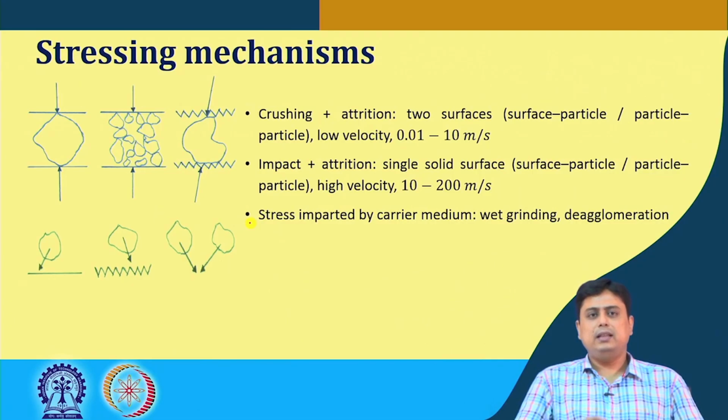Typically this combination of the two is there in certain equipment that works on the principle that there are two surfaces, like surface and particle, or particle and particle, that influence this crushing plus attrition mechanism, in low velocity operation in the range of 0.01 to 10 meters per second.